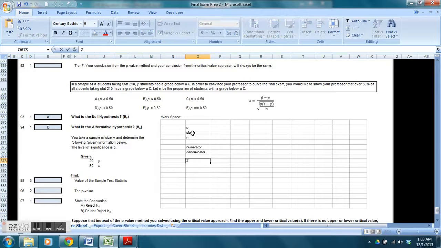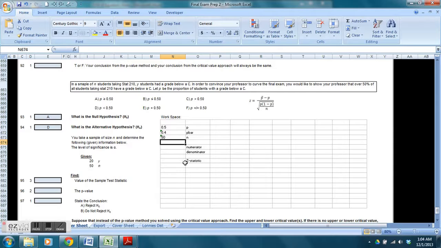And a Z statistic. So our P is 0.5, just like from the null hypothesis, and our P bar is the proportion in our sample, which is the number of students that have a grade below a C, divided by the total number in our sample. And we have N, which is the total number in our sample. That's 50.